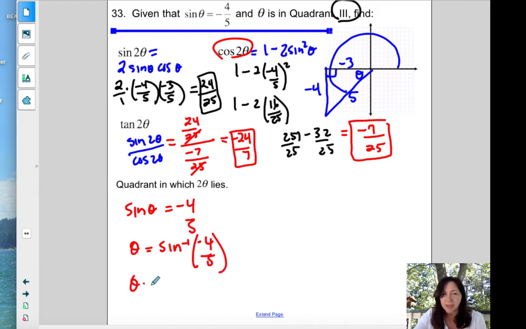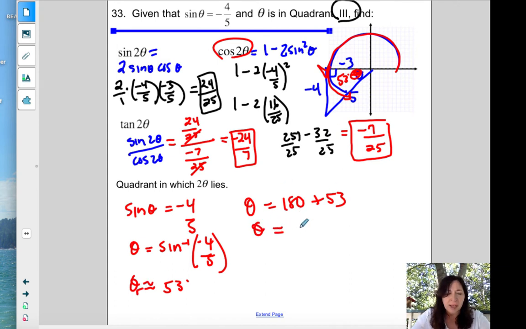And I believe the answer is approximately 53 degrees, which means that this angle right here is your 53 degrees. So theta is equal to 180 plus your 53, because this is my reference angle. Then we get theta is equal to 233 degrees.